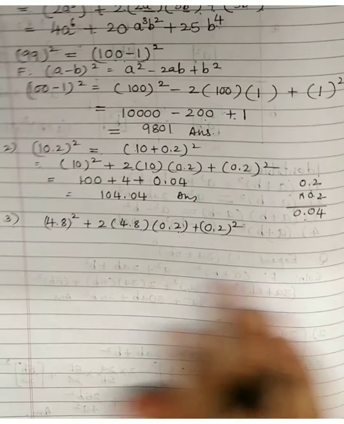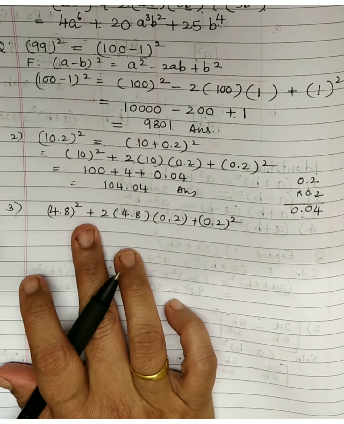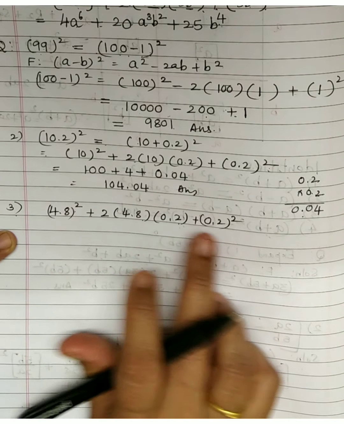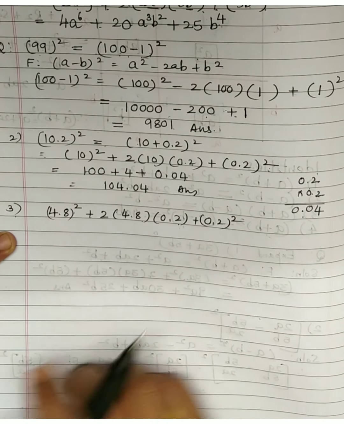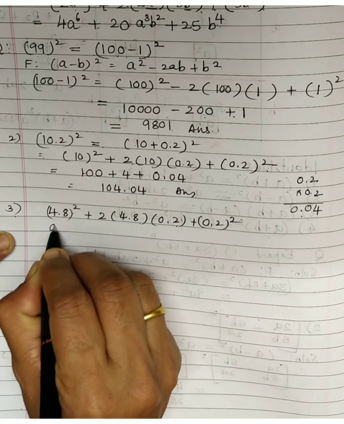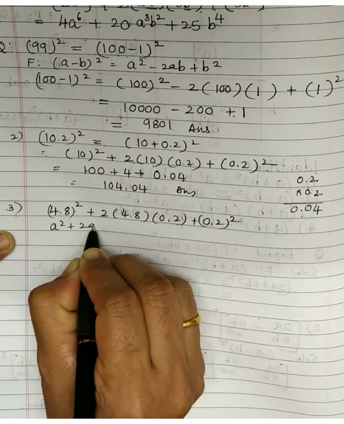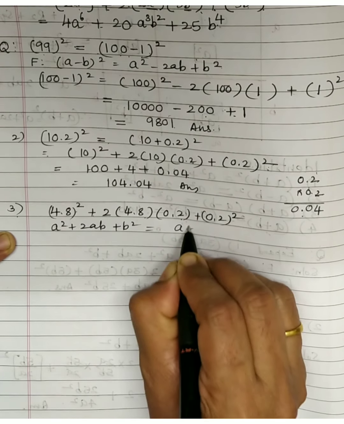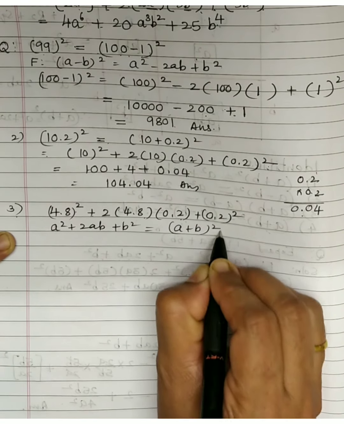So what will you do? Again think, relate it with some formula. It comes to a square plus 2 into a into b plus b square, matching. So opposite way actually we are using it. So how are we using? A square plus 2ab plus b square is equal to what? A plus b the whole square.